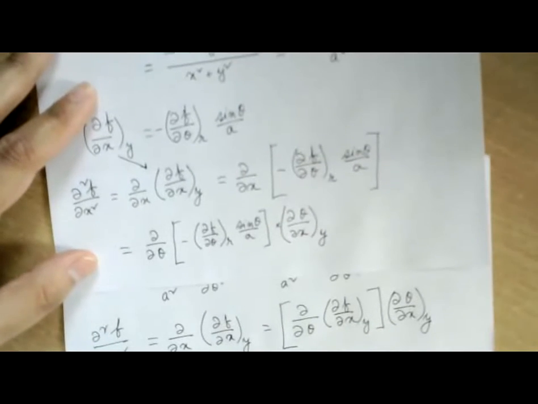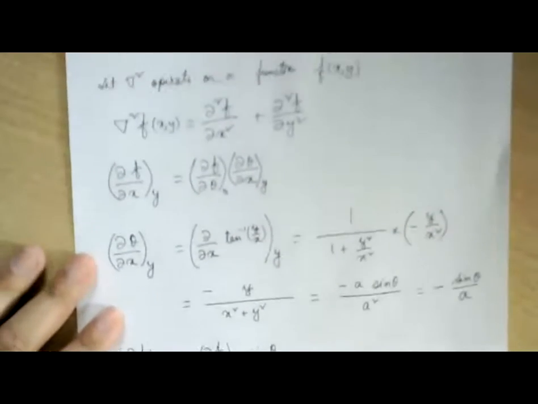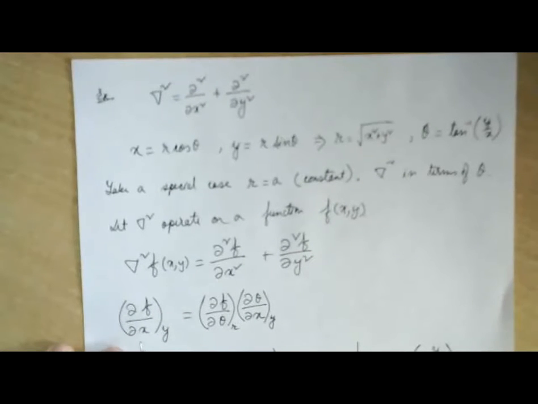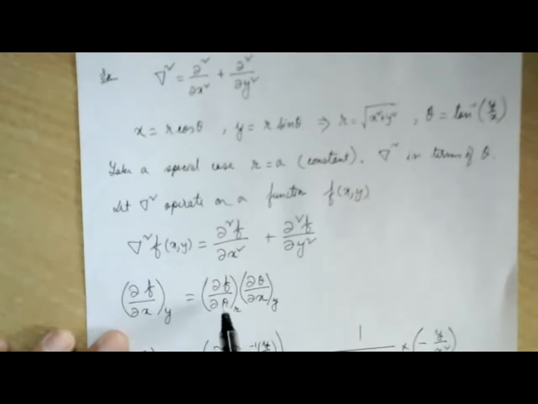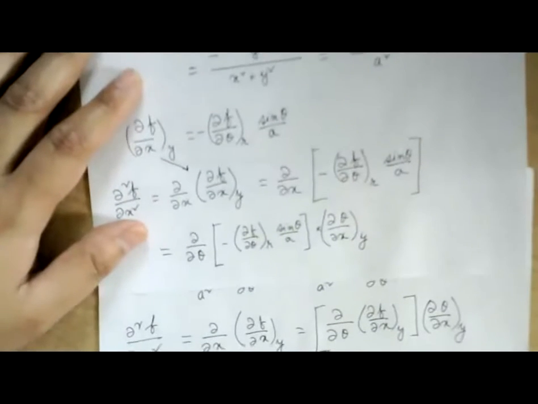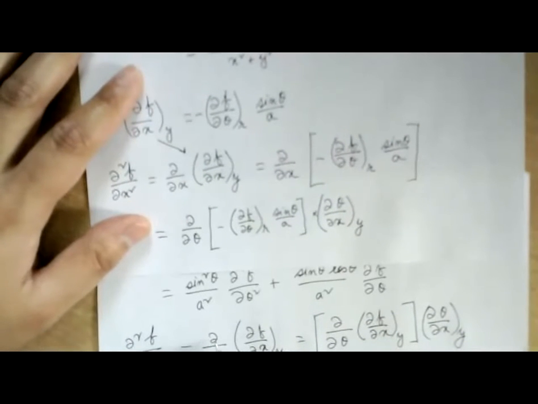So del by del x of this function is nothing but this function differentiated with respect to theta, and then you differentiate theta with respect to x.